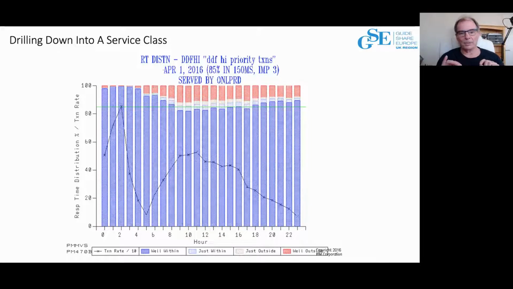Now, more to the point, this service class has a goal of 85% in 150 milliseconds, importance 3. The green line is at 85%. And what we do with the numbers in SMF 72 subtype 3 is work out in buckets how many transactions ended in 50% of the goal time, 60, 70, probably 80, 90, don't quote me, 100, 110, 120, and then the buckets get a bit bigger.